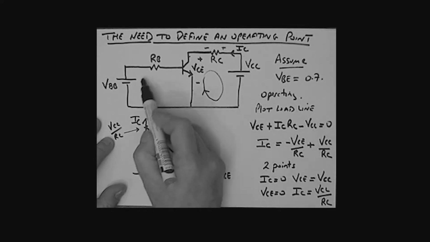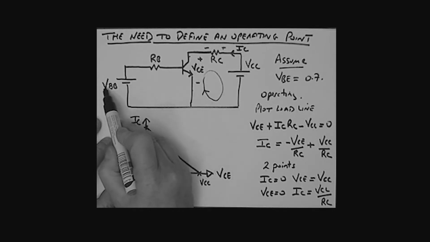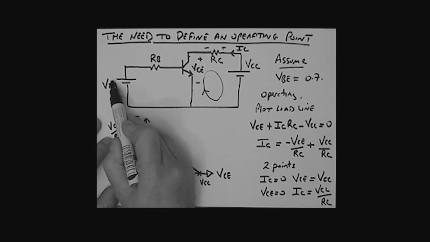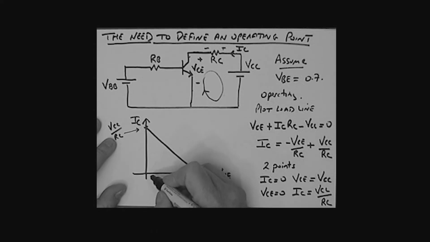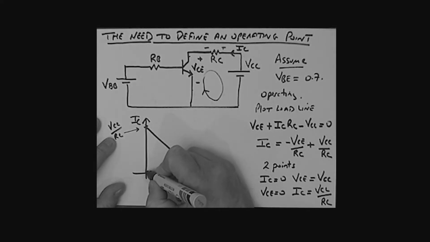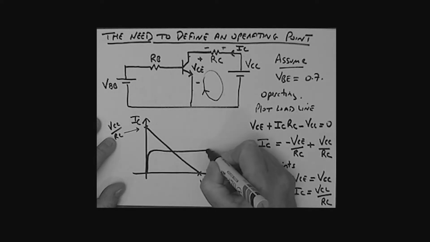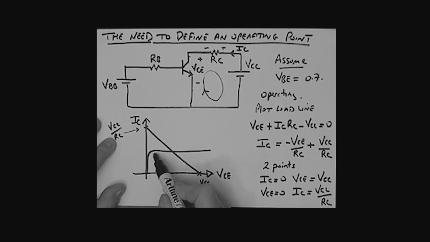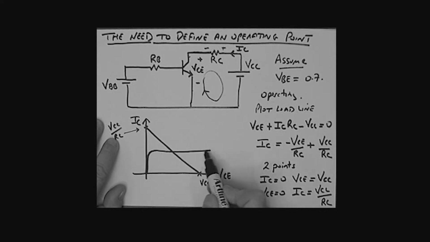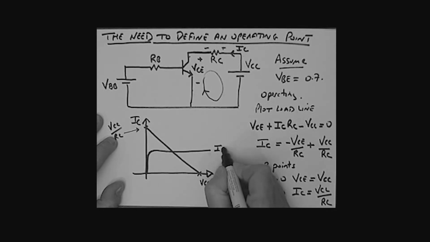Now, I've established a base current in this circuit due to what? This voltage source here and my choice of resistor. So let us assume for a minute that the characteristic curve that I happen to be on is really this one right here. That's the characteristic curve that we are currently on. And this corresponds, let's say, to a certain base current, which I will call IBQ.